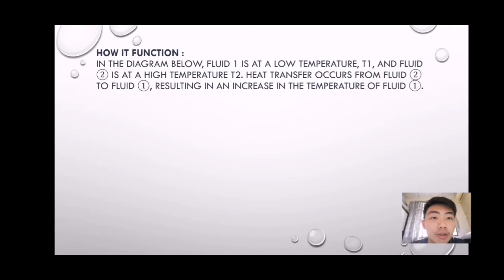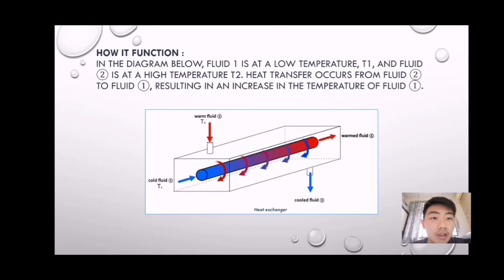Let's talk about how it functions. In the diagram below, fluid 1 is at a low temperature and fluid 2 is at a higher temperature when they go into the heat exchanger. The heat transfer occurs from fluid 2 to fluid 1, so when they come out, fluid 1 has increased in temperature and fluid 2 has decreased in temperature.